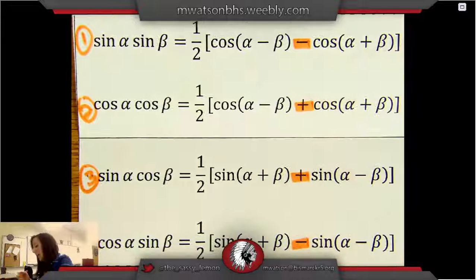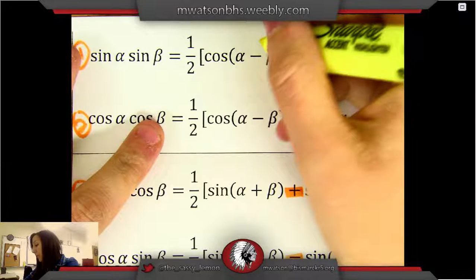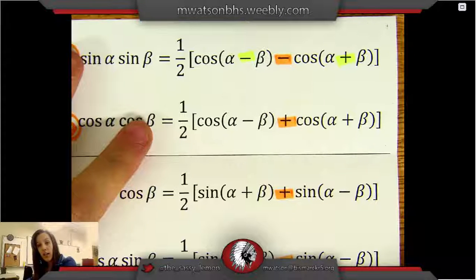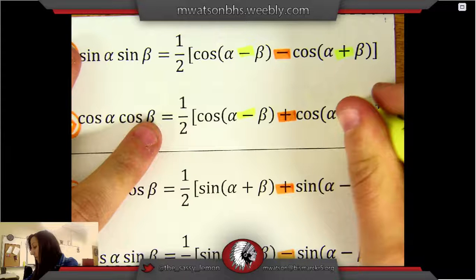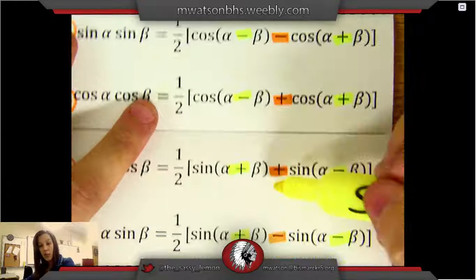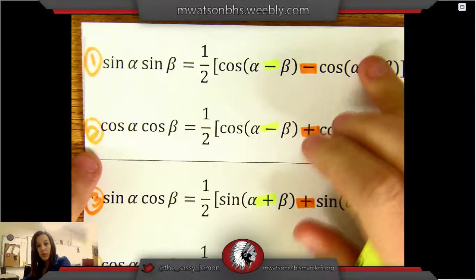Another thing is, I highly suggest that you also highlight the symbols in the arguments as well, just so you can visually see what they are. So you can see here it's minus plus, minus plus, plus minus, plus minus. So it's some visual distinction there.